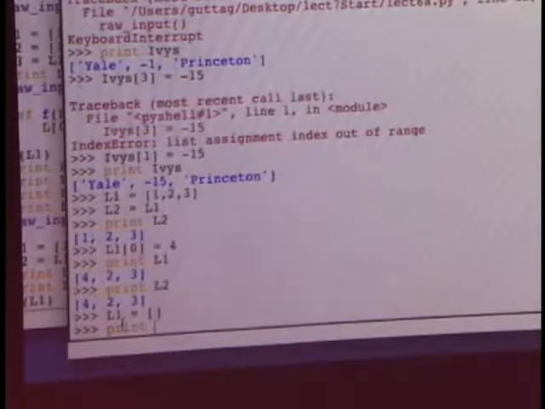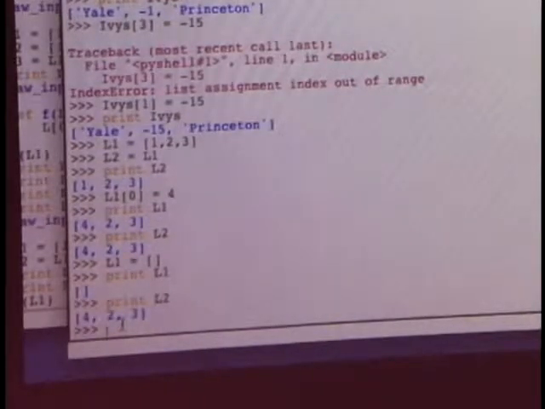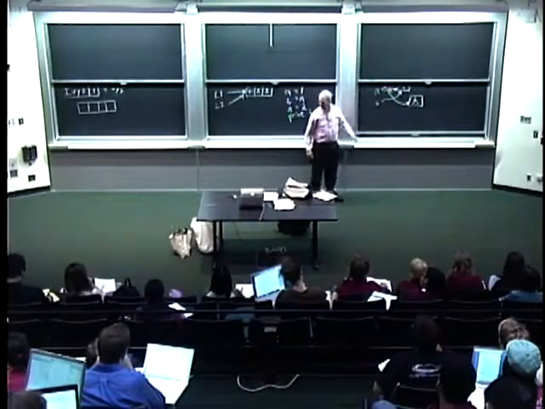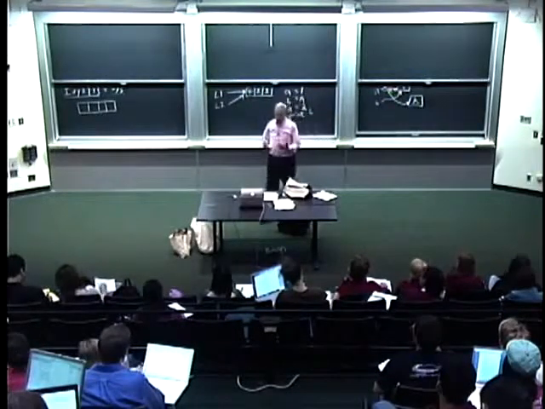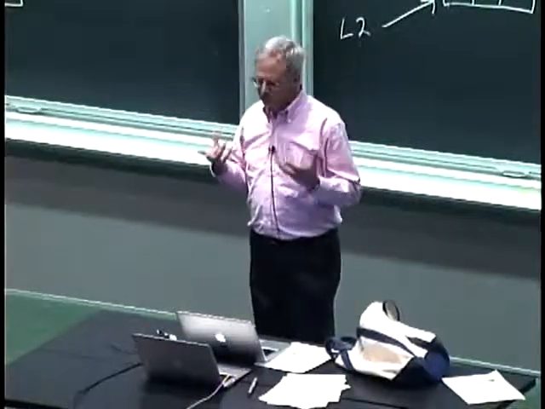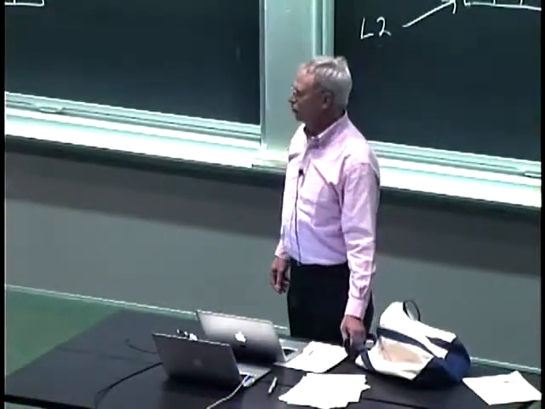I can print L1, and I can print L2, because, again, that's analogous to this example where I just swung the binding of the identifier. So this is important. It's a little bit subtle, but if you don't really understand this deeply, you'll find yourself getting confused a lot.